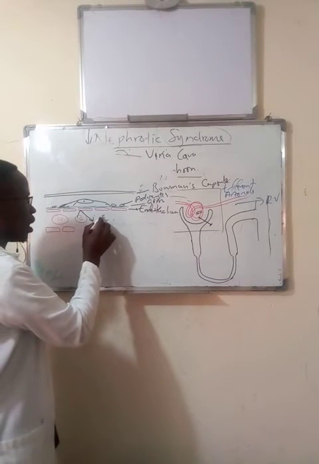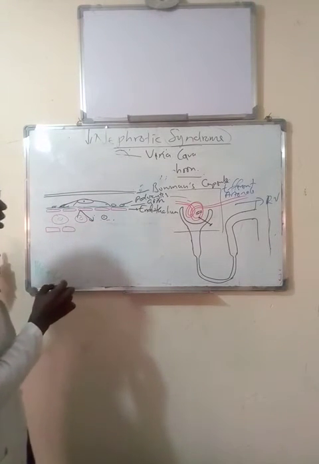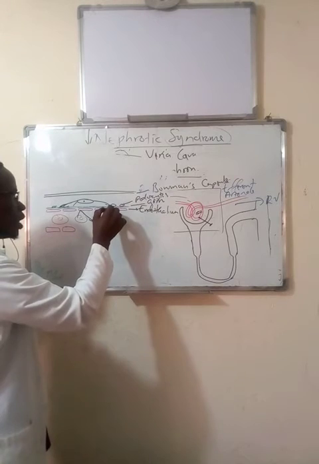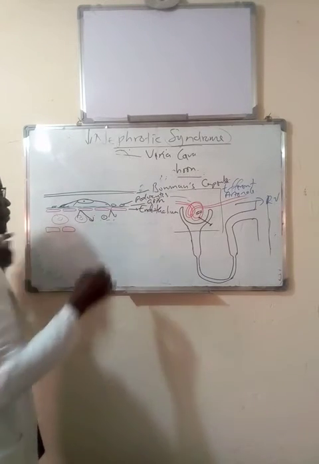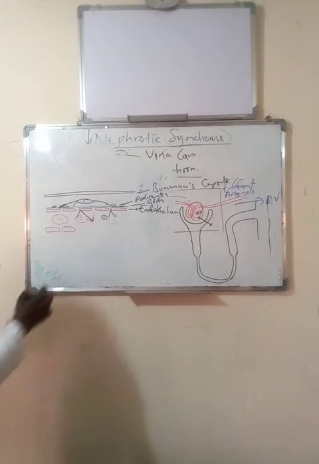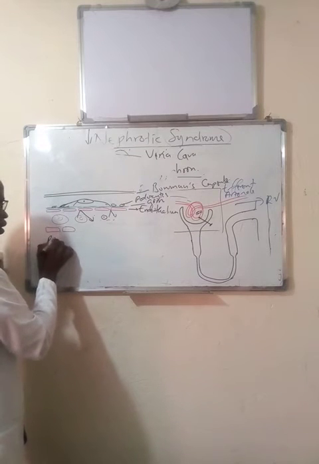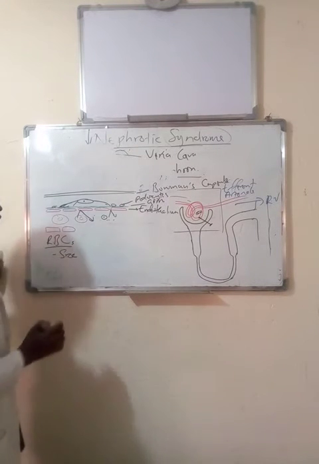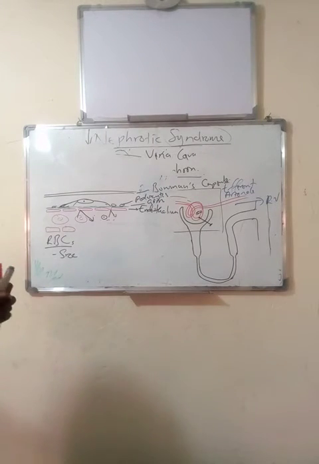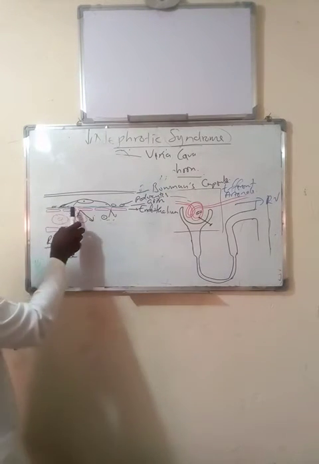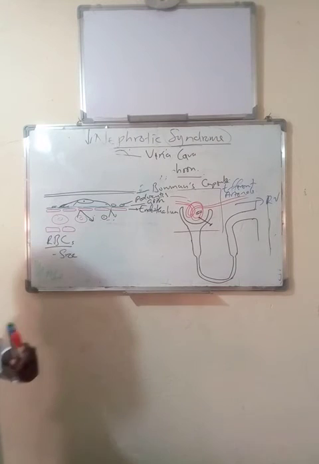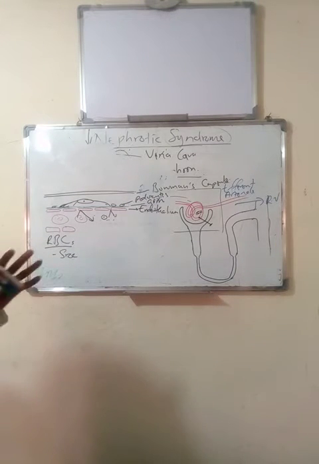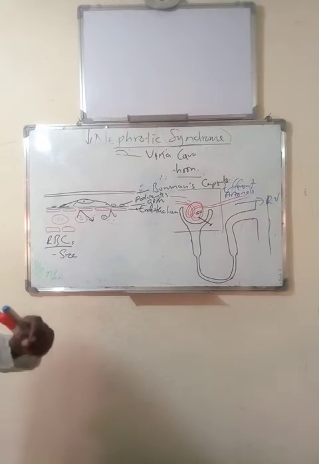Now, the reason why red blood cells are not able to pass is because of size. The red blood cells are larger than the fenestrations. Remember, we said that the glomerular basement membrane has those small spaces, the fenestrations, but they are not large enough to allow cells to pass through, especially the red blood cells.